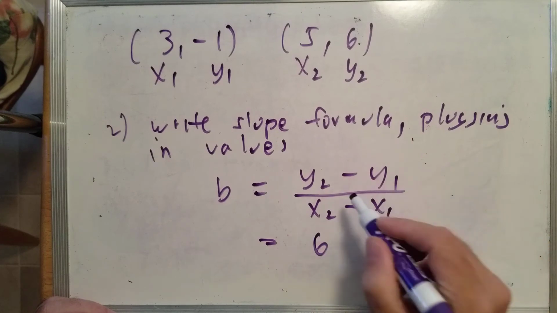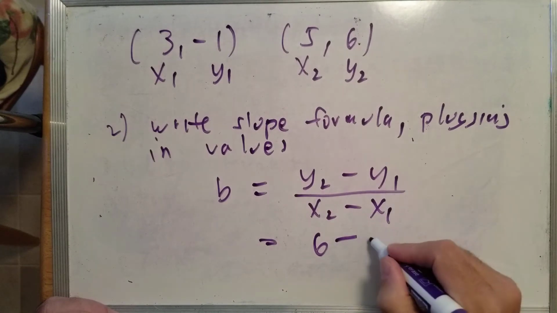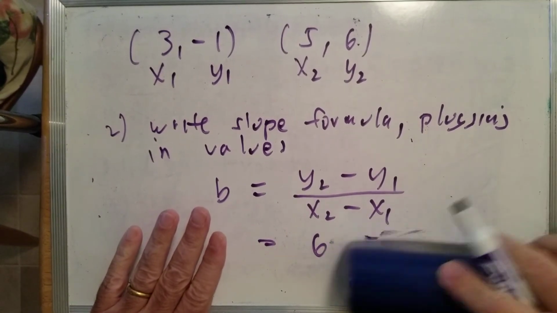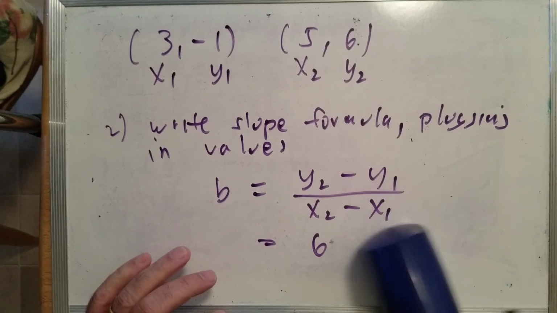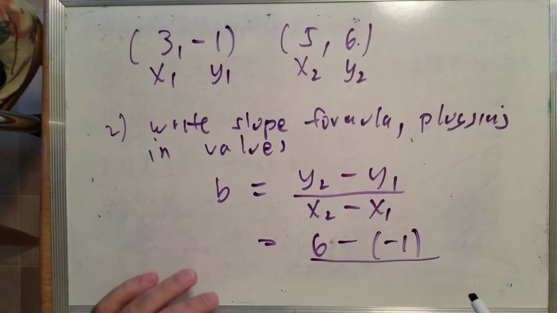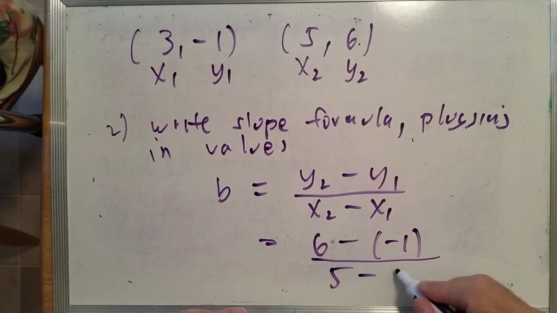Now here's where you have to be careful. There's a minus sign in the formula, and the y1 is a negative also. Whoops. So it's actually 6 subtract a negative 1, and on the bottom, x2 is 5, and x1 is 3.